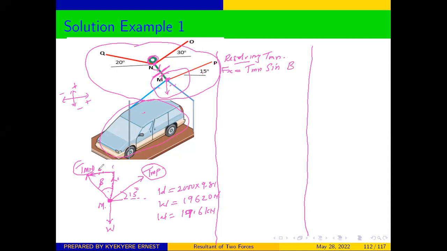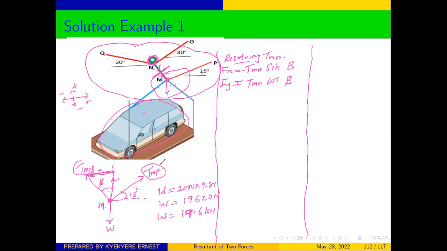And we said that it's going to be negative because it's moving at the negative side of our axis. And our Y component, we said that it's moving up, so it's going to be positive, but the angle is adjacent to our Y component. Therefore, it's going to be TMN cos beta.